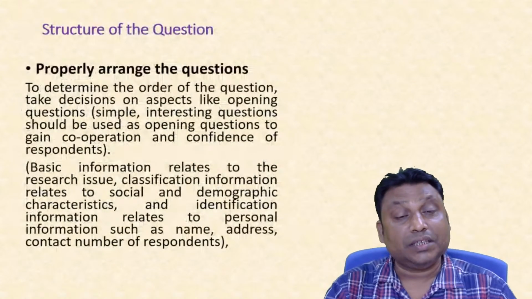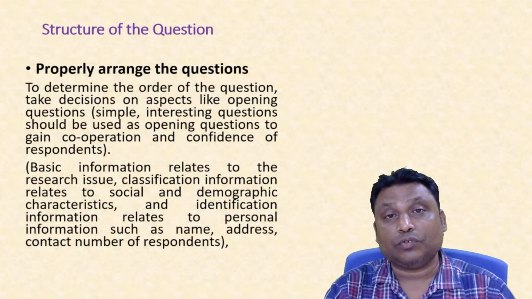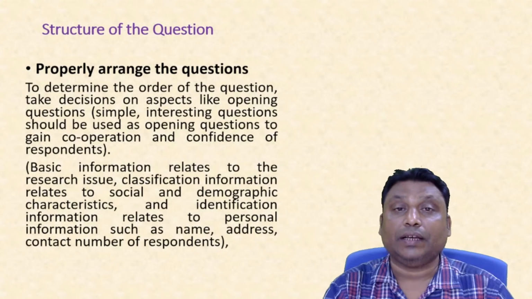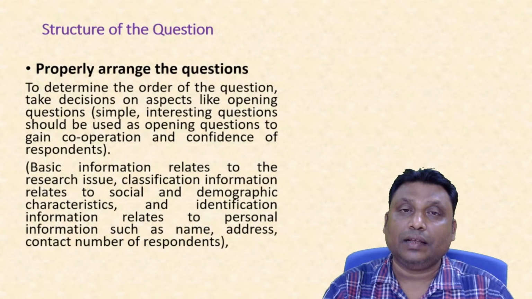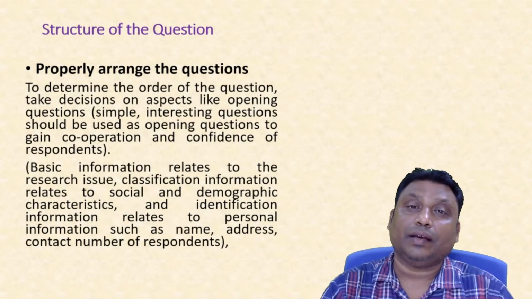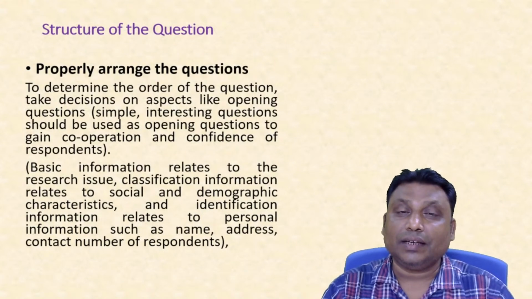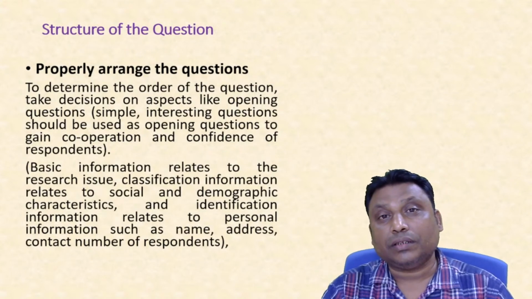Properly arrange the questions. This is very, very important. When you are arranging the questions, which type of question should come where? One question is different, another question is different. Suppose I give you an example. When you are going for data collection, you are preparing your questionnaire. The first question is what is your name? The second question is what is your annual income? The third question is how many family members do you have? Then what is your sex? Are you married or unmarried?